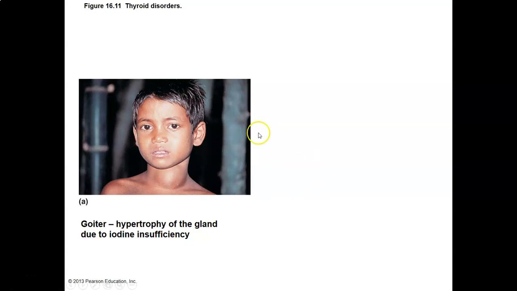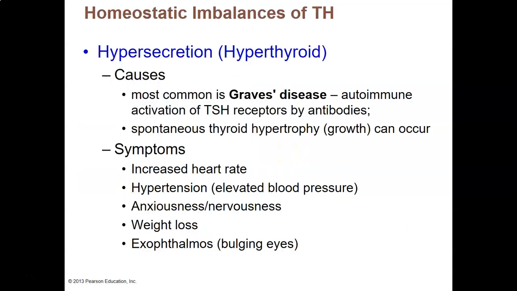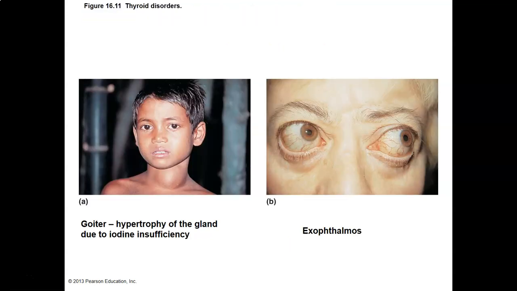Previous to that, there were lots of problems with hypothyroidism. And so that was ameliorated by just that. That's why you see iodized salt in the grocery store. And you should buy iodized salt because you want to make sure you have plenty of iodide in order to produce the thyroid hormone that you need.